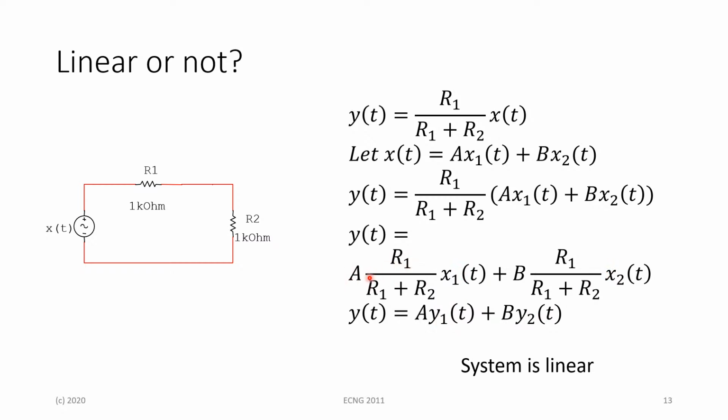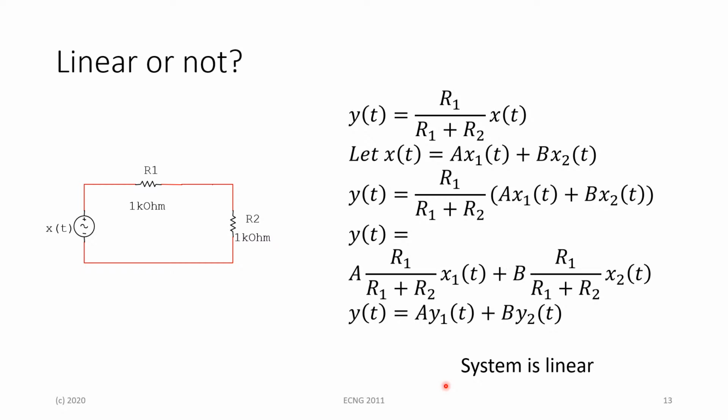where r1 divided by r1 plus r2 can be mapped straight to our next a component, because this is just going to be a scalar value. And br1 divided by r1 plus r2 can be mapped to the next b component, which is also just a scalar value. So this is how you actually prove if your system is linear.